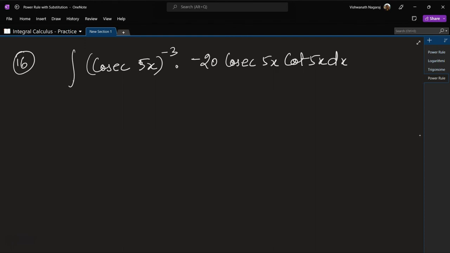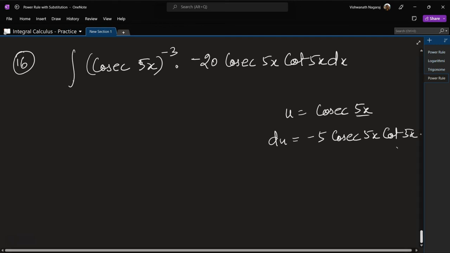So immediately you know that. So u is equal to cosec 5x. If we differentiate this, we get minus 5 cosec 5x cot 5x dx, right?